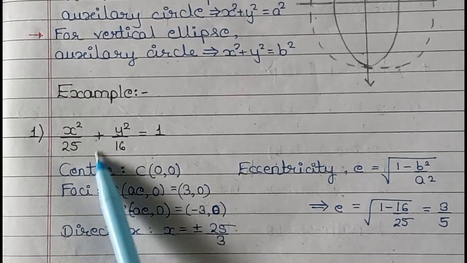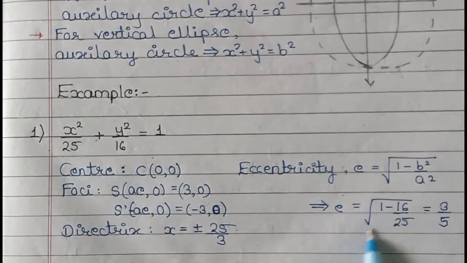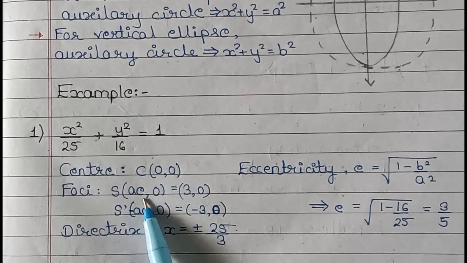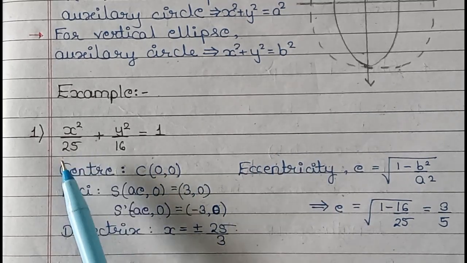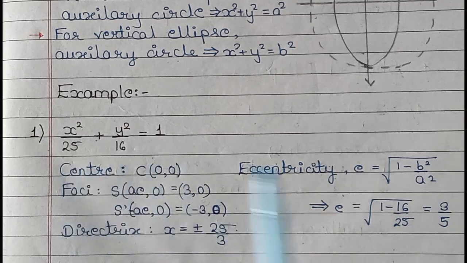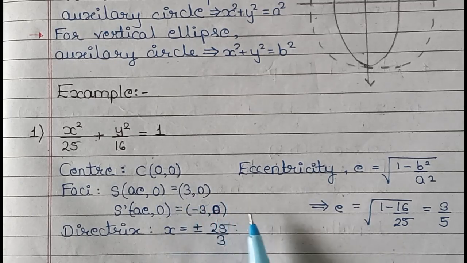Here b square is 16 and a square is 25. So by it we can get 3 by 5. Substitute it in here, a square is equal to 25, so a will be 5. So multiply 3 by 5 into 5, which will be 3, and for s dash it will be minus 3. So 3, 0 and minus 3, 0.